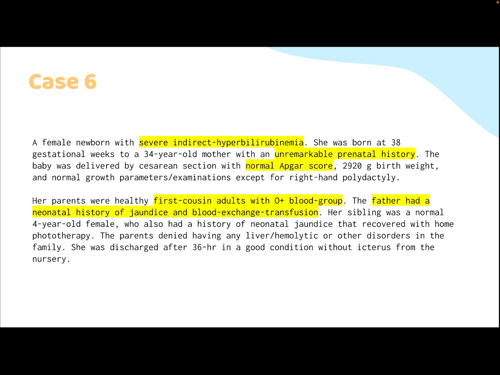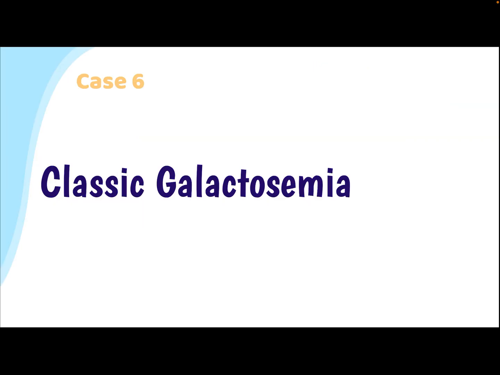So what are the causes of severe indirect hyperbilirubinemia? One of the causes is one of the types of inborn error of metabolism, the classic galactosemia. Of course, galactosemia has types. It is a problem in the metabolism of galactose, which is a complex sugar, not a simple one. It's not a simple glucose.